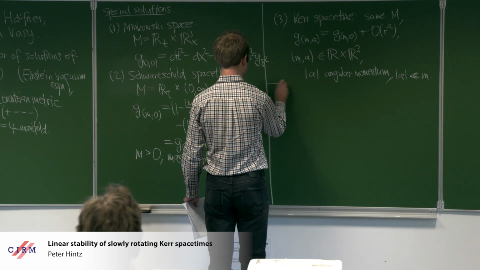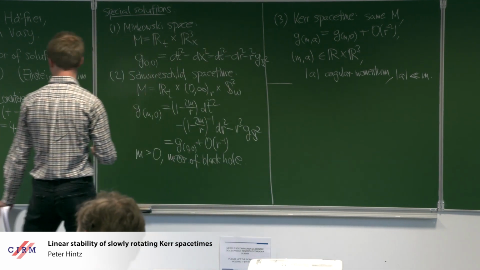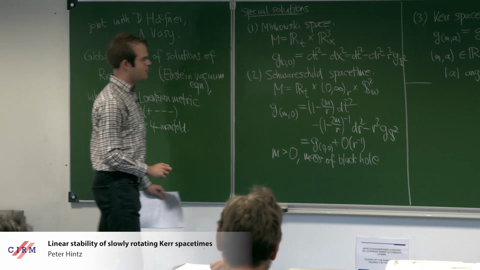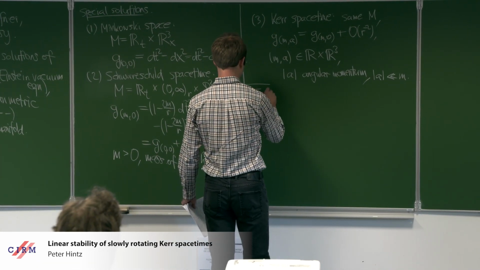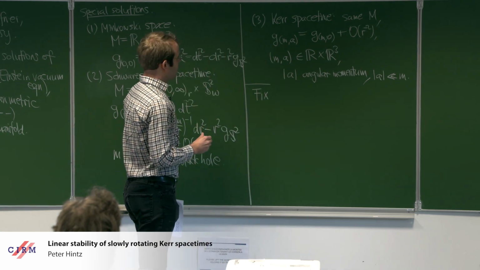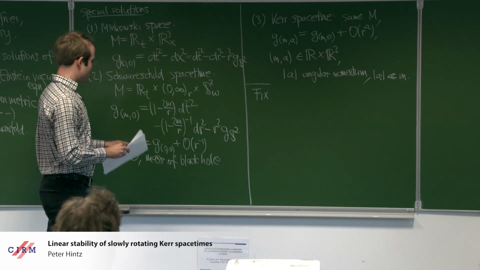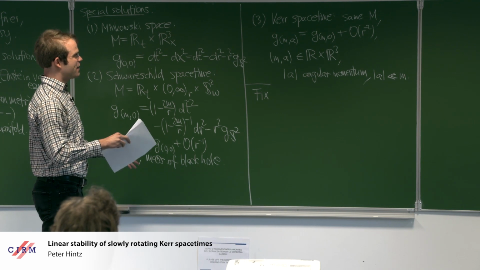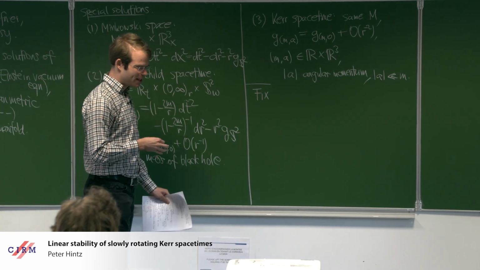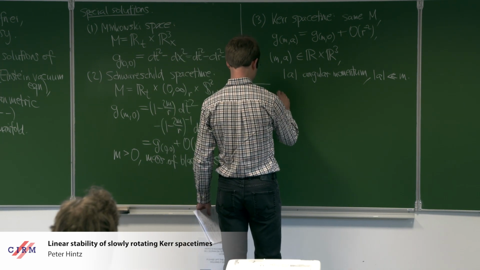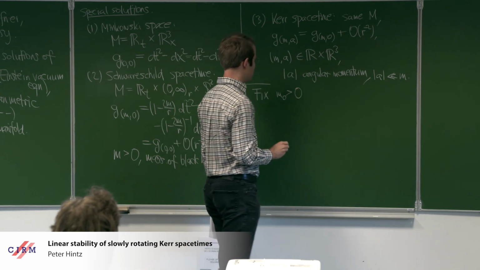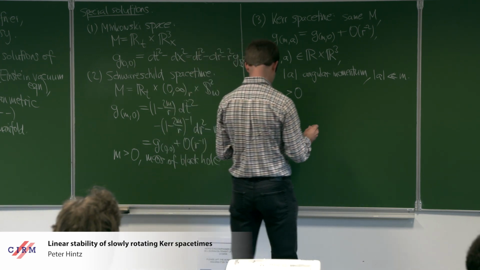Okay, so these are all solutions of the Einstein vacuum equation, and they have some extra property, which I'll write down in a second. A useful thing for discussing these metrics as a family of metrics is if you can actually realize them as metrics on a fixed spacetime, so then you just make that completely precise. So let's just fix your favorite mass parameter m0, some positive number.